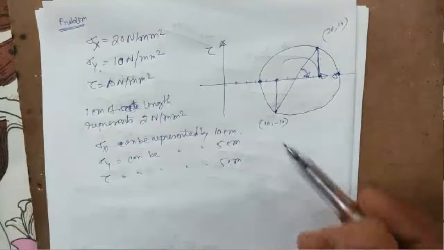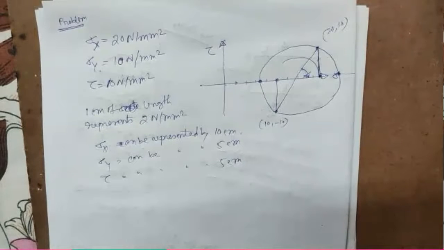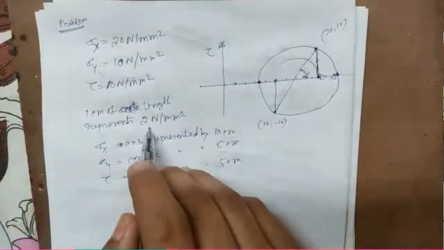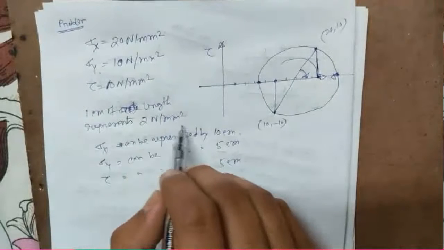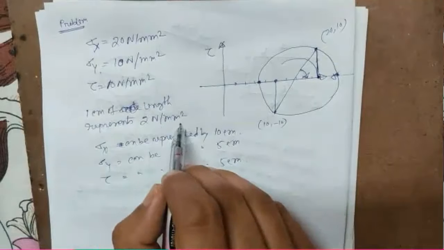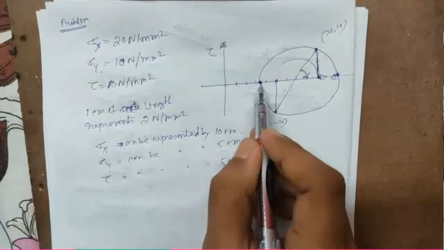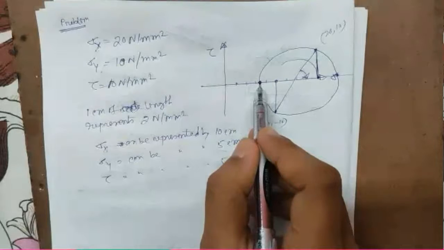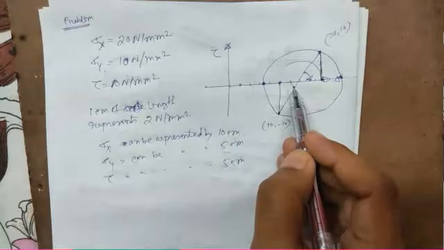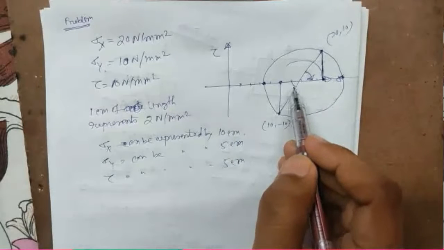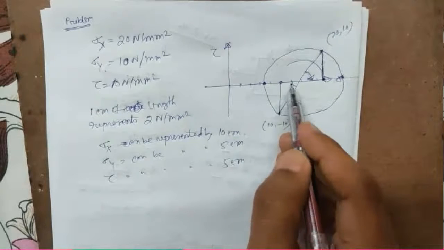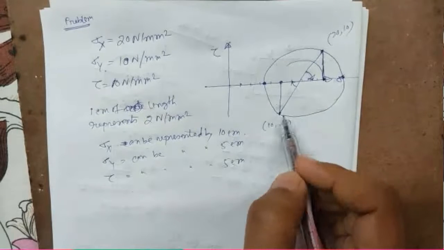Similarly, to measure minor principal stress, you have to measure from here to here and multiply with this conversion constant 2 Newton per millimeter square. So you take the length, multiply it with 2 Newton per millimeter square, will give you the stress at this point, the minor principal stress, and as well as this angle is 2 theta, so divided by 2, and then we can say this minor principal stress is measured along this direction, which is clockwise from here.